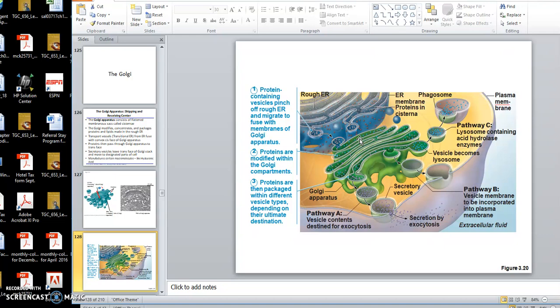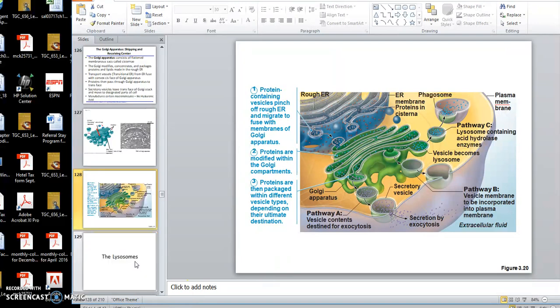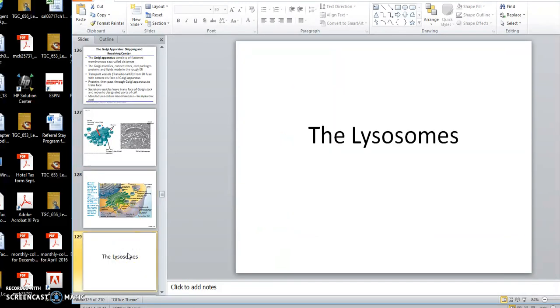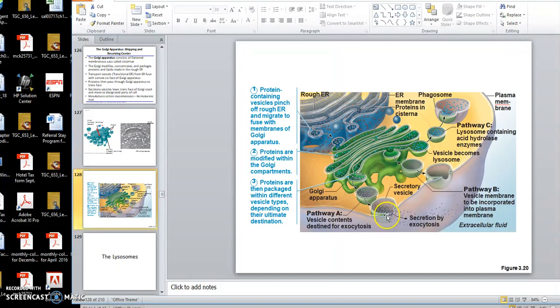Now remember, proteins made on the rough ER would be used either in the cell membrane or secreted for the outside of the cell. Exocytosis. So we'll close here. Our next organelle will be the lysosomes, which actually comes from the Golgi.